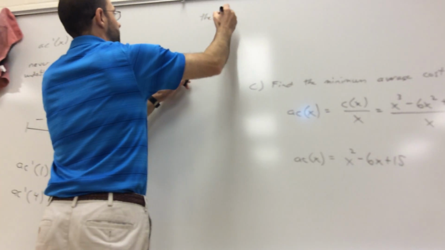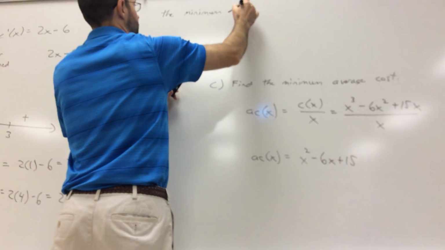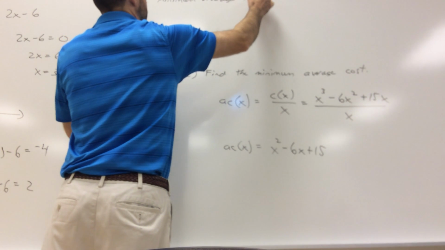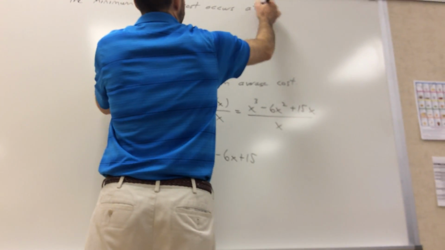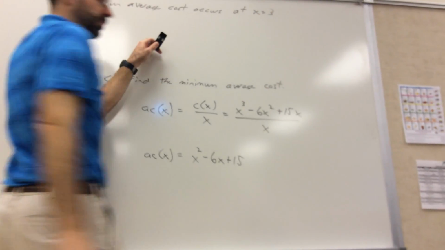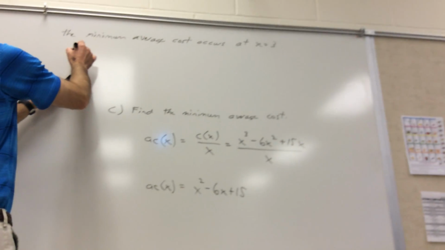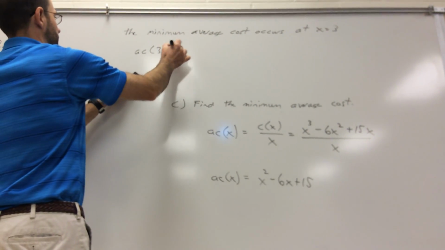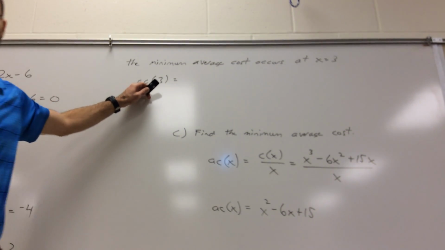So the minimum average cost occurs at x equals 3. And then if I plug 3 into my average cost, that'll tell me the minimum average cost.